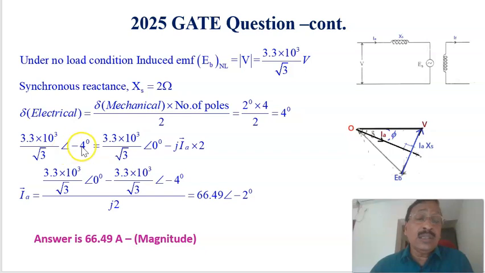And if you write the corresponding phasor equation, EB is 3.3 into 10 raised to 3 divided by root 3 at phase angle minus 4 degree.